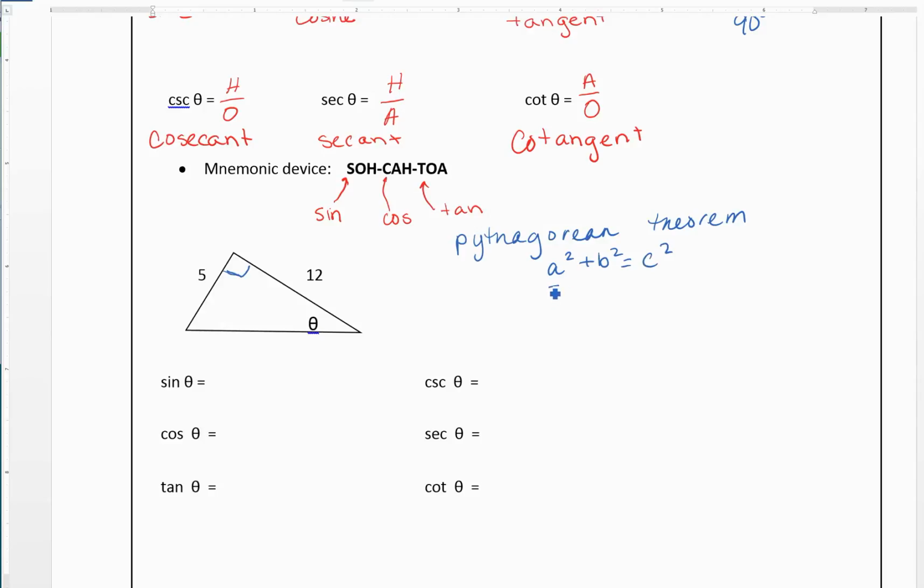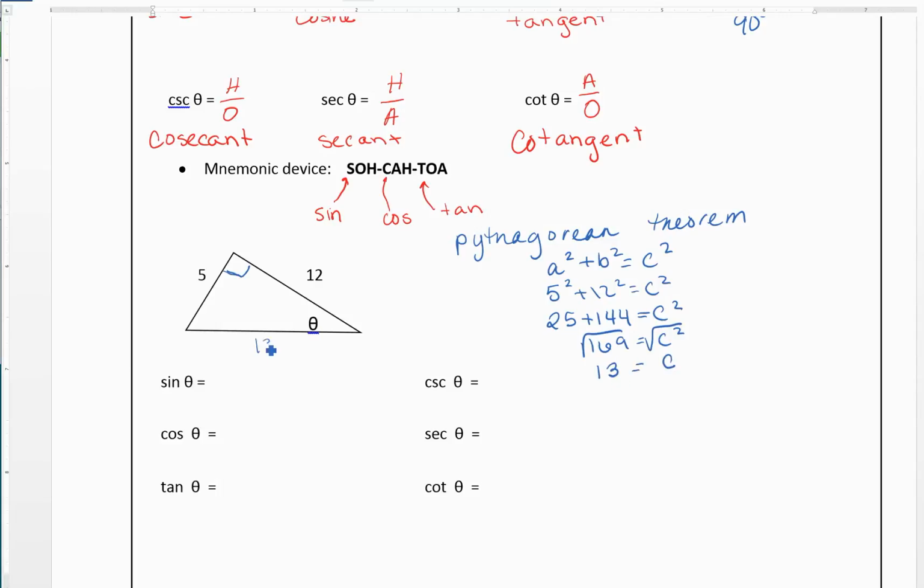So we take 5 squared plus 12 squared equals c squared. So 25 plus 144 equals c squared, which means 169 equals c squared. And if we take the square root of both sides, we get that c equals 13.